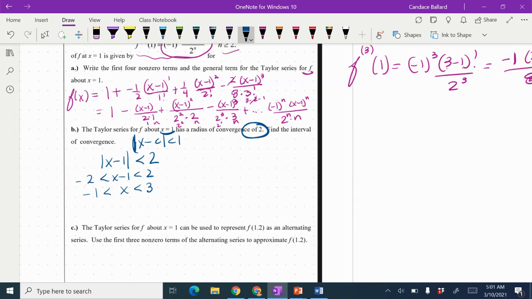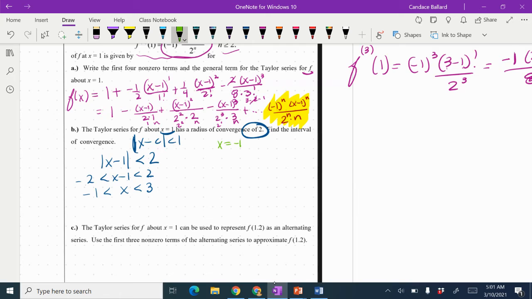I now need to test my endpoints just like I would have tested them before. I'm going to come back up here and use the general term that we created to plug into. I'm going to start with x equal to -1.